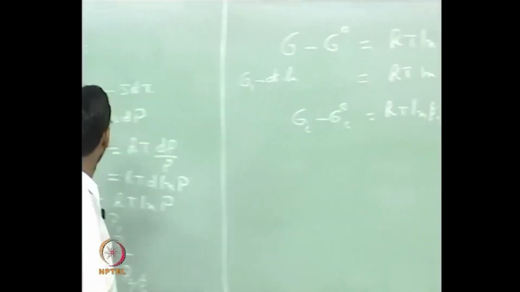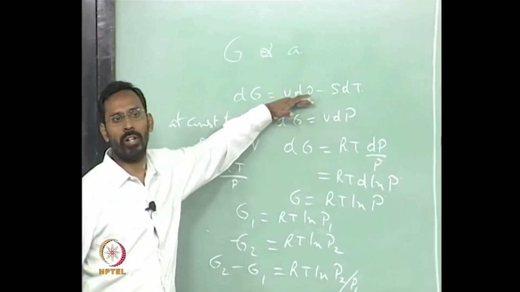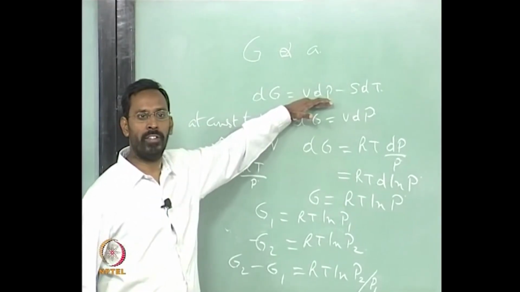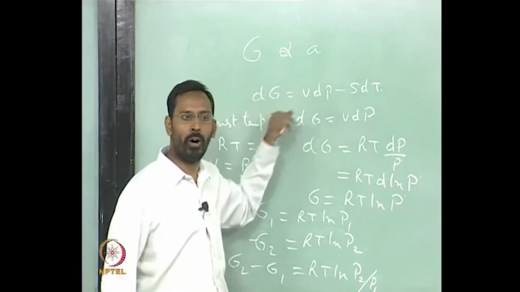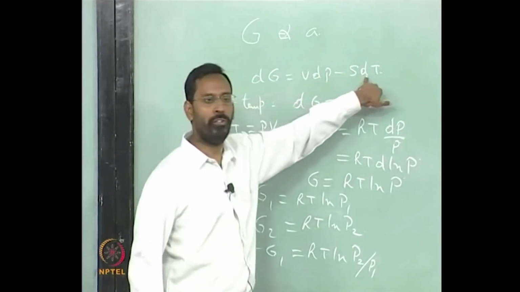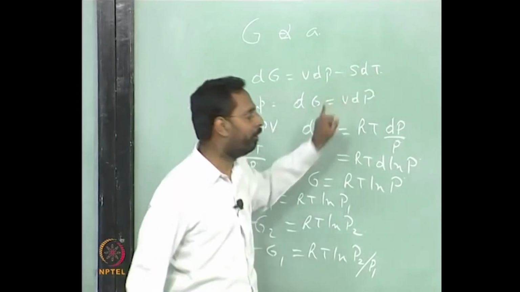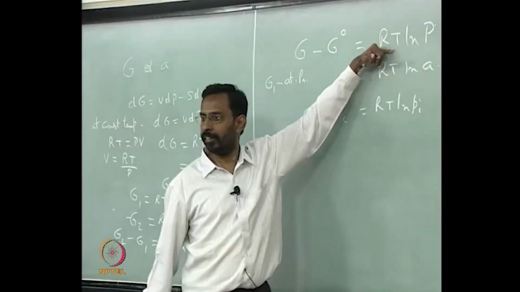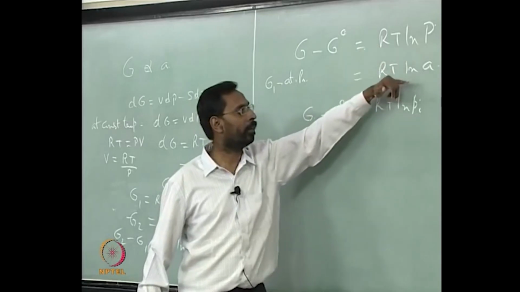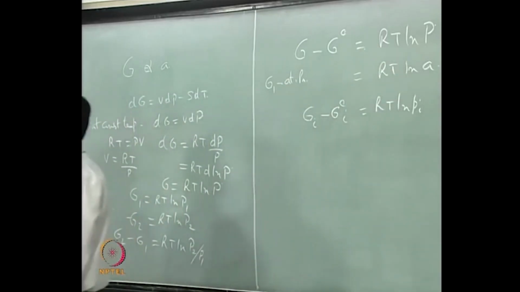So you can see, starting from a simple Maxwell's equation, which is dG is VdP minus SdT, and this I hope all of you know how we derive it, I will not need to derive it. So we are simply assuming the temperature to be constant, and from there we have arrived at this for a given atmospheric pressure, one pressure being atmospheric pressure, and from there we have come to the activity.